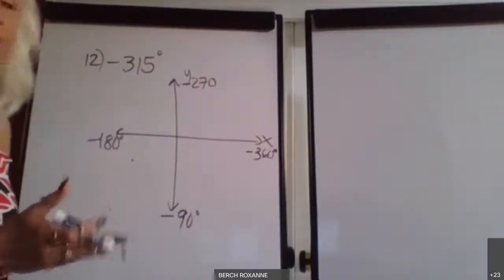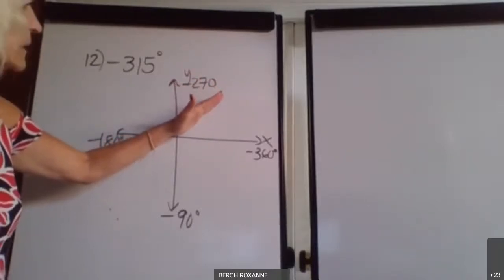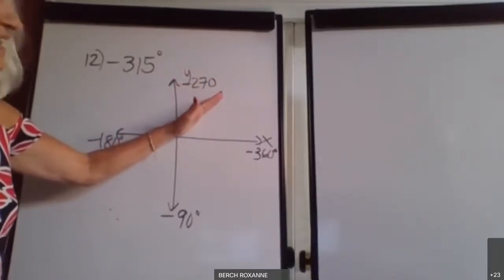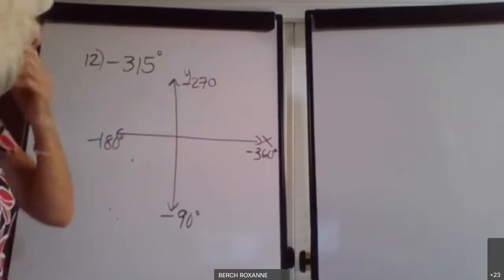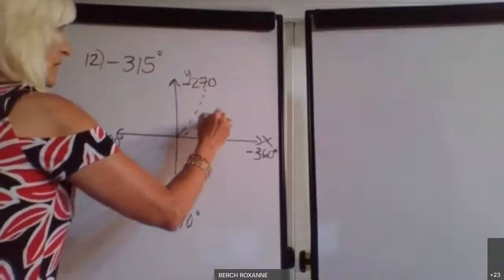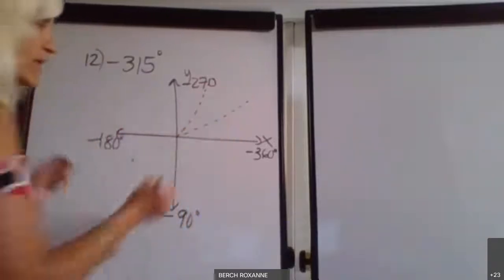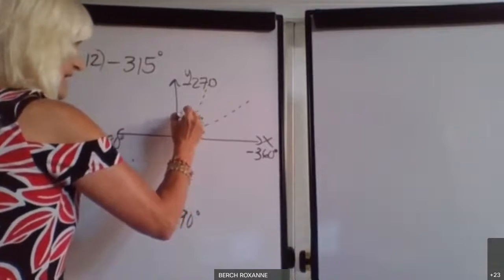For 315, you can either put 45 degrees here, or you could divide it into 30, 60, 90. So I'm going to see how this works. I'm going to divide it into 30-degree angles: 30 degrees, 30 degrees, 30 degrees. That adds up to 90, right?